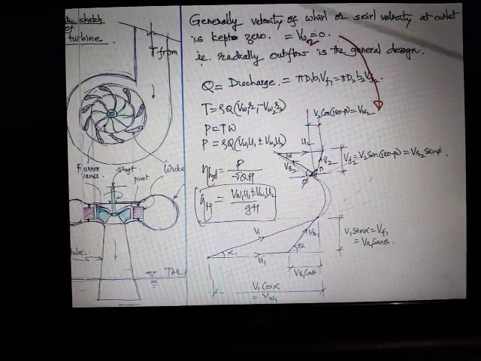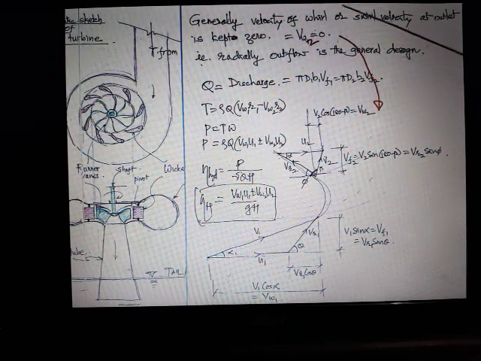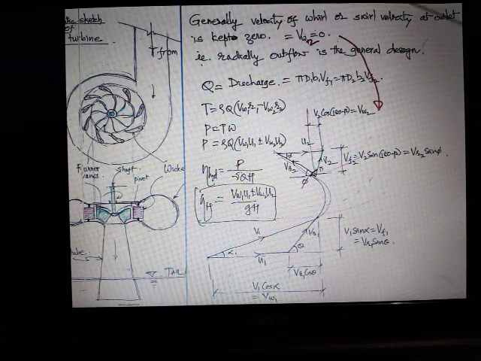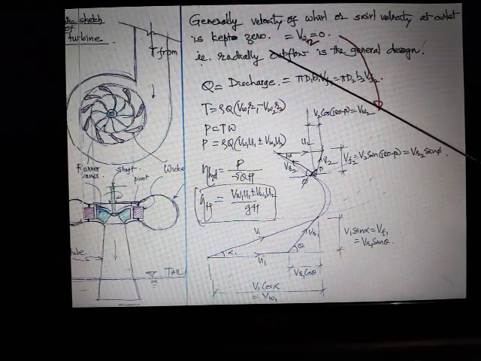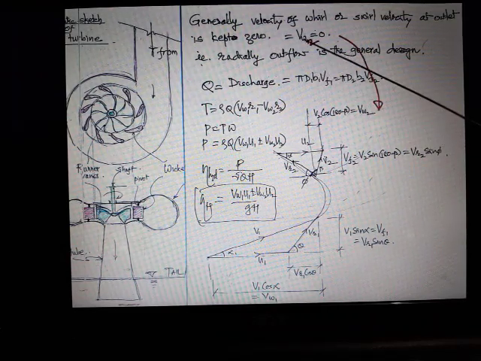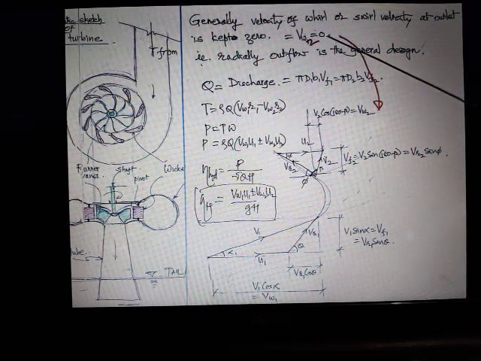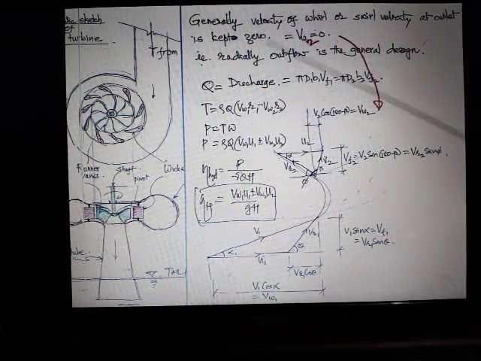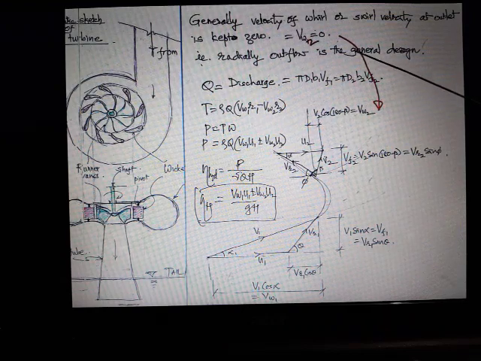Now the most important thing: generally the velocity of whirl or swirl velocity VW at outlet is kept zero in Francis turbine, or in reaction turbines in general. So VW2 at outlet is kept zero. The meaning is that radial outflow is the general design feature.